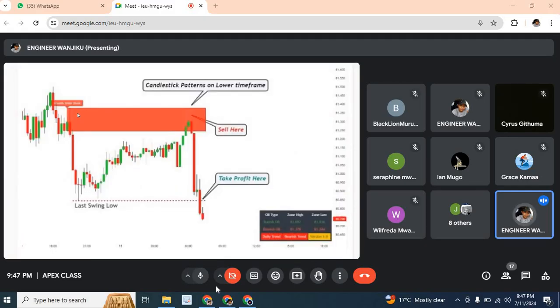Then we have another example, these are basically examples. We have another example of the last green before a sell. Last green before a sell, we say that is a bearish order block. So we expect the market to come and retest our bearish order block before going down. Because I've already introduced the concept of confluences, if you look at this, you'll notice that we have a bearish order block right here.